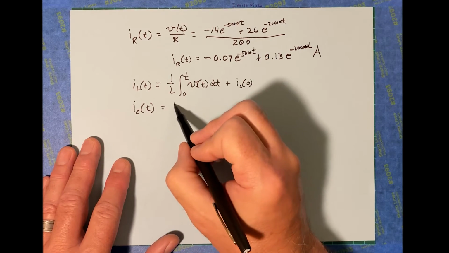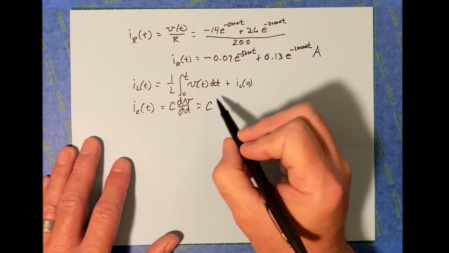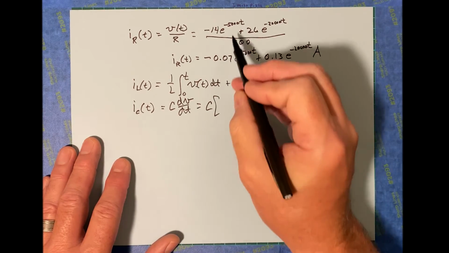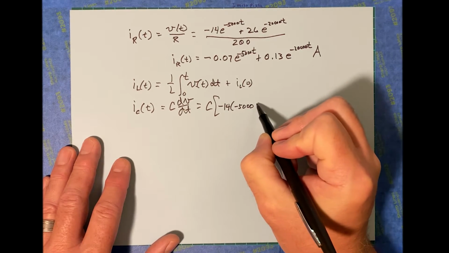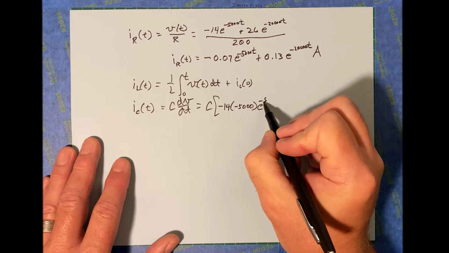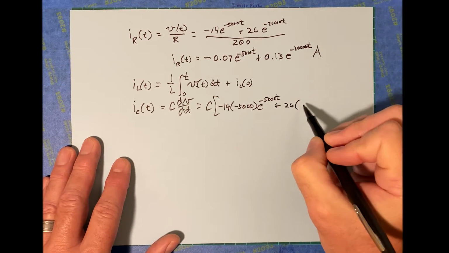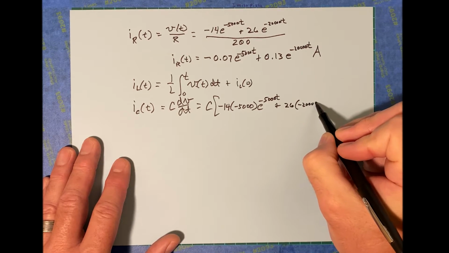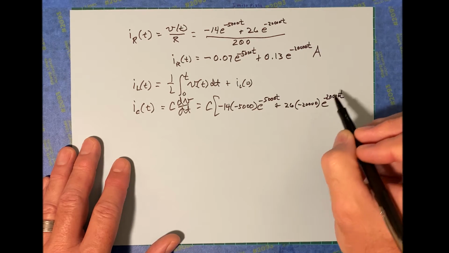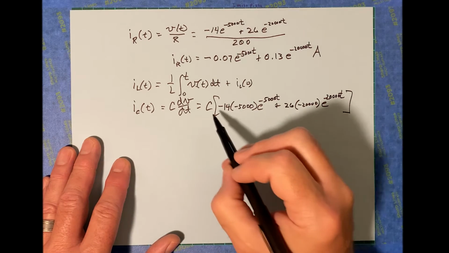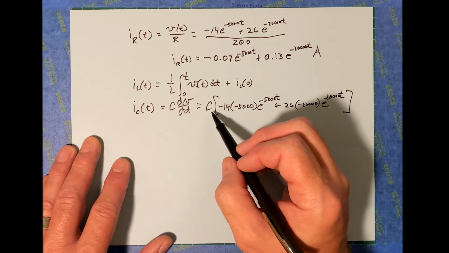I sub C of t, that one is just C dV dt. So it's going to be C times this up here, minus 14 times minus 5,000 e to the minus 5,000 t plus 26 times minus 20,000 times e to the minus 20,000 t. Okay, so plug in for your C value. That was 0.2 times 10 to the negative 6.